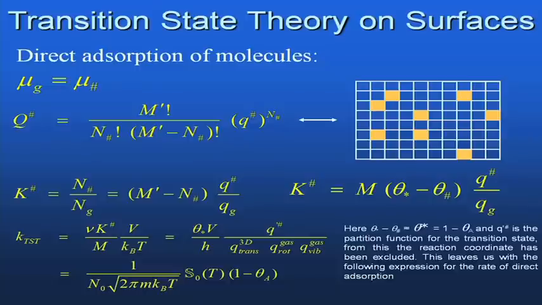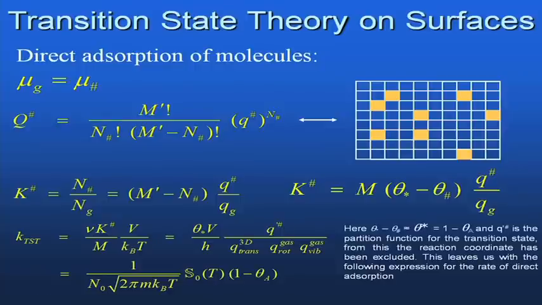So, k_TST will come out to be like this: Q primed double dagger divided by Q trans 3D. The situation is different, because in the case of indirect adsorption we could have written Q 2D trans, then q double dagger rotation, q double dagger vibration, but here we cannot write that.